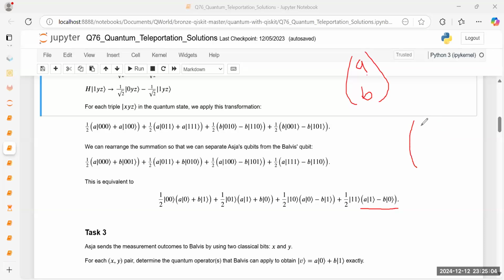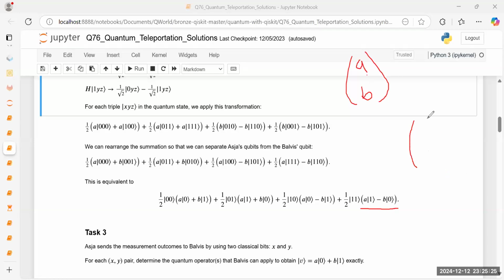If Balvis had the state A minus B, that is when she measured, she got 1, 0. Then she'll send 1, 0 to Balvis and tell him to apply a Z gate to the states he has so that he successfully has AB.